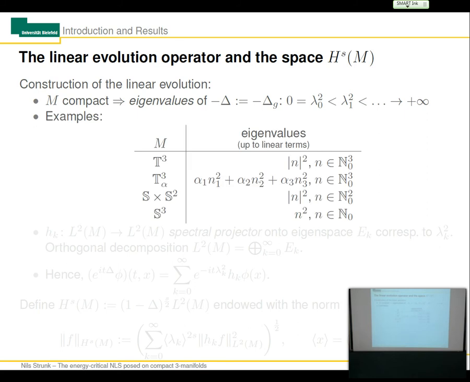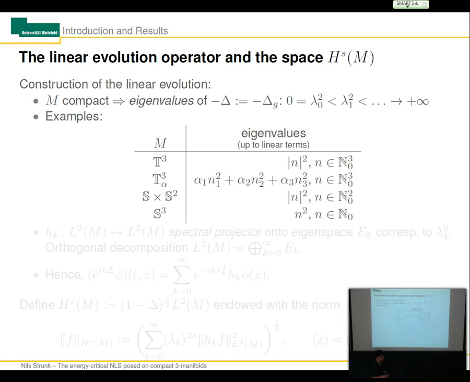The first one is the rational torus. Here, the eigenvalues are exactly the modulus of n squared, where n is a 3-dimensional integer vector. So we have n1 squared plus n2 squared plus n3 squared. This is almost the same as for the irrational torus, where we have some positive real numbers, alpha 1, alpha 2, alpha 3, and we only multiply each of these terms by alpha 1, respectively alpha 2 and alpha 3.